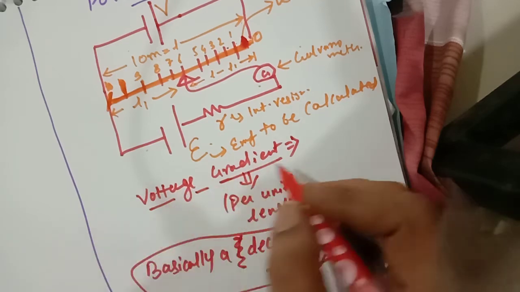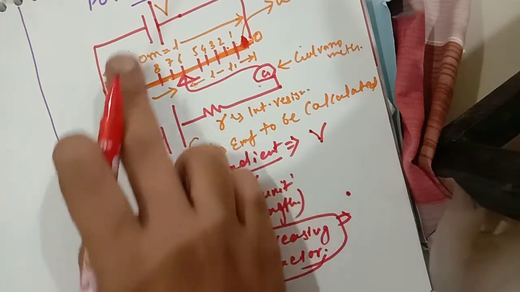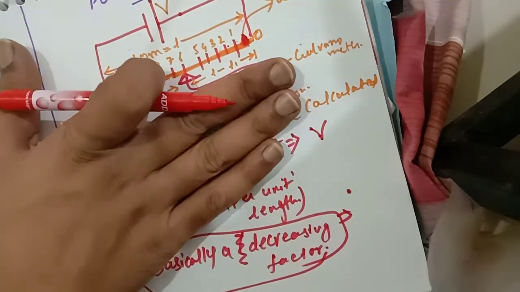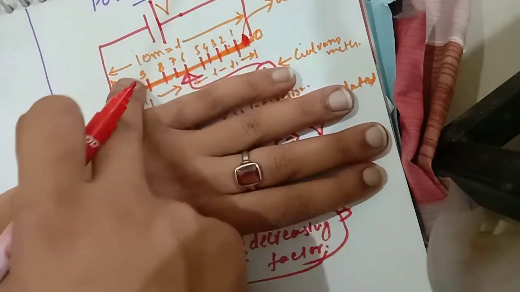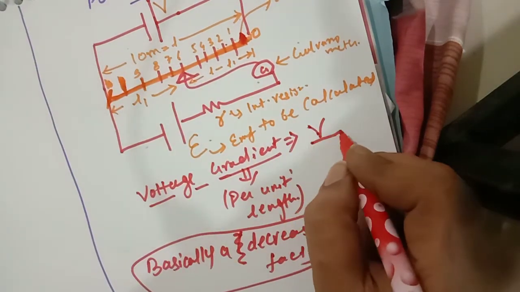You have learned that day, voltage gradient is the voltage drop. What is the voltage drop from this point to this point? Forget about this circuit. From this point to this point, the voltage drop is V volts, right? So the whole voltage drop is V volts.